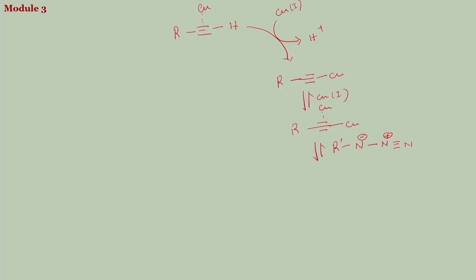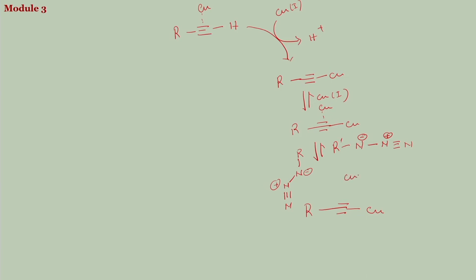Now, if this happens, then what will go? I will rewrite this into proper form. You have the copper and then R prime N, in triple bond N. So, this is plus, this is your minus.